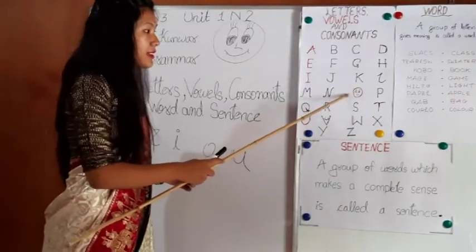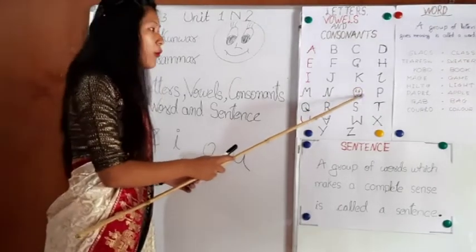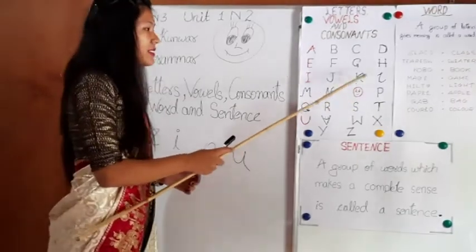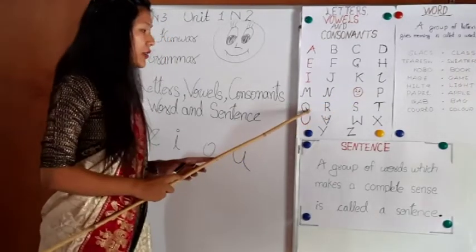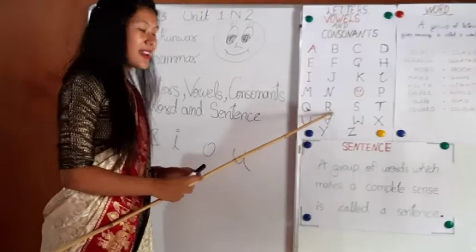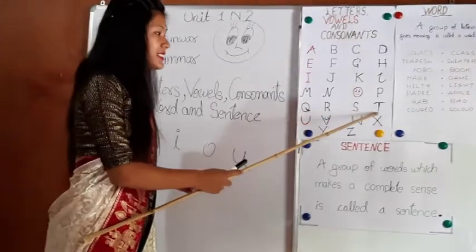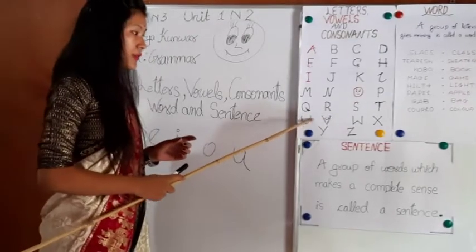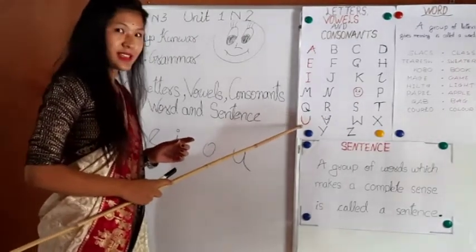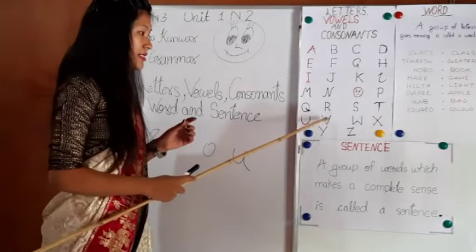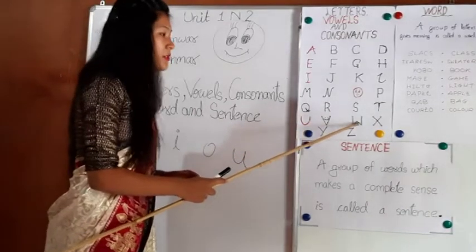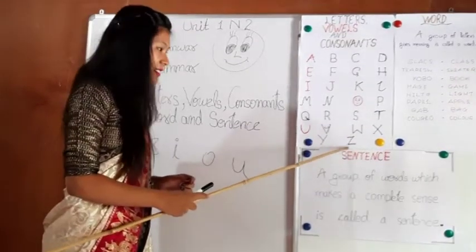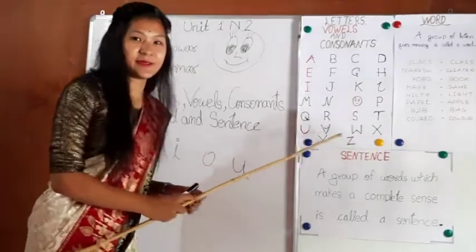Here is a big smiley, O. Yes, it is O. O is a vowel. P, Q, R, S, T are consonants, and U with red color is a vowel, and V, W, X, Y and Z are consonants.